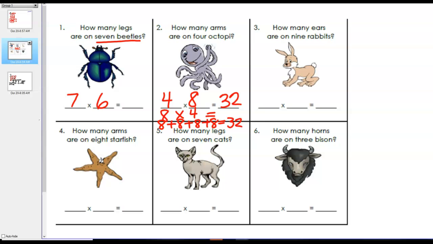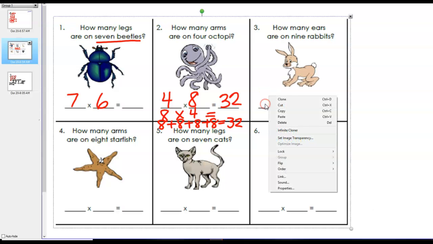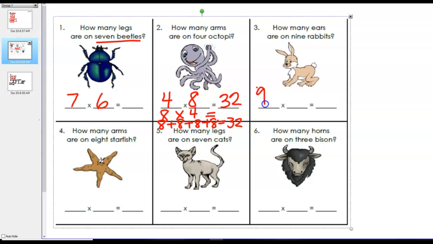Okay, and how many ears are on 9 rabbits? So what would my number sentence be for that? How many ears are on 9 rabbits? Good. 9 groups of 2. Oh, what happened here? There we go. 9 groups of 2 because there's 2 ears on each rabbit.